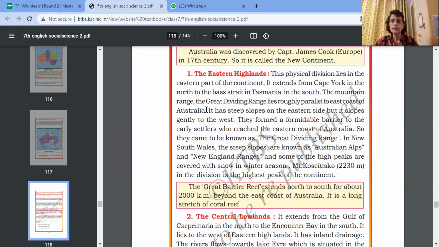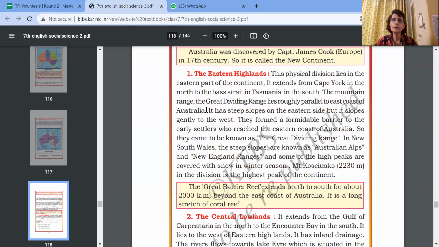Now, why was it called the Great Dividing Range? A long time back, when nobody had discovered Australia, the British and European people all came there, but they landed on the east coast.